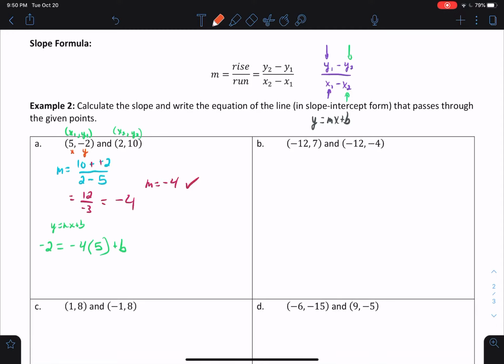If I simplify this, I get negative 2 equals negative 20 plus b. Add 20 to both sides, I'll get 18 equals b. So now if I wanted to write the general equation, I would get y equals negative 4x plus 18. That's my linear function.